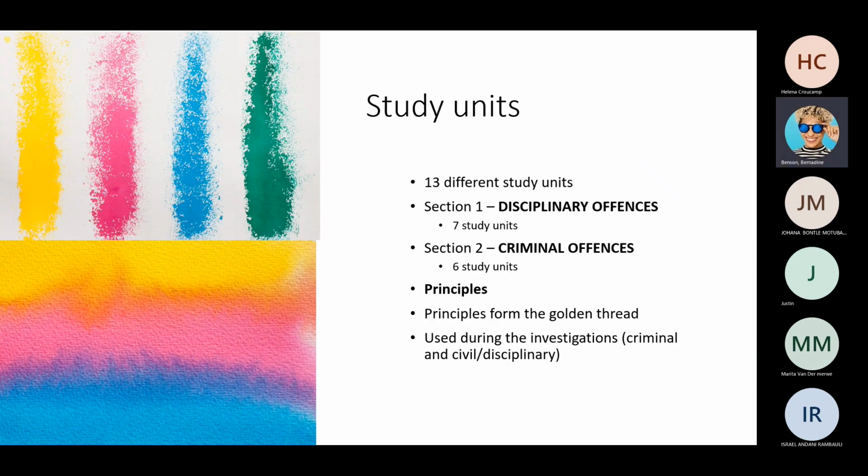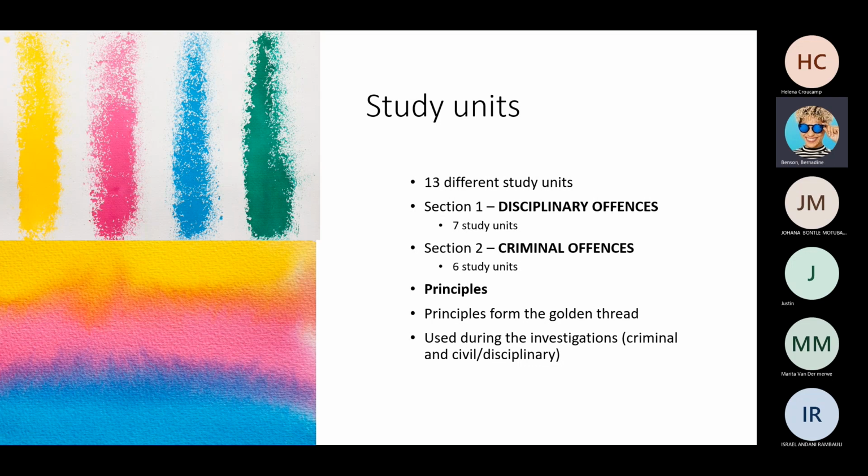So now that we have a little bit more of a foundational understanding of the lens from which we are looking at this module, let's quickly just look at the different study units. So there are 2 separate sections in the study guide, and there are 13 different study units. Study unit 0 is like the umbrella study unit. It is the lens that I want you to use to look at the other remaining study units.